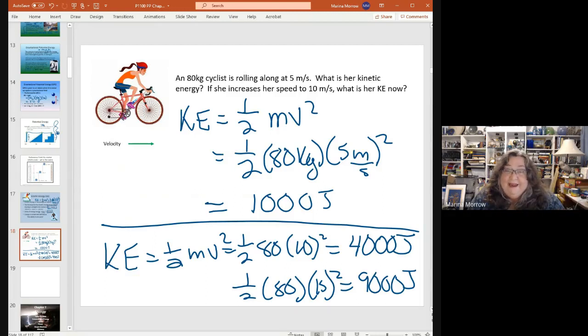Doubling the speed means 4 times as much energy. So the pitcher has to be able to push the energy into the ball. And how do they do that? By greater force, by a longer distance that they throw. Force times distance, that's work. That's how you get the energy into the ball. But how do you get 4 times more energy? Anyway, that's why they get paid more. It's not something everybody can do.